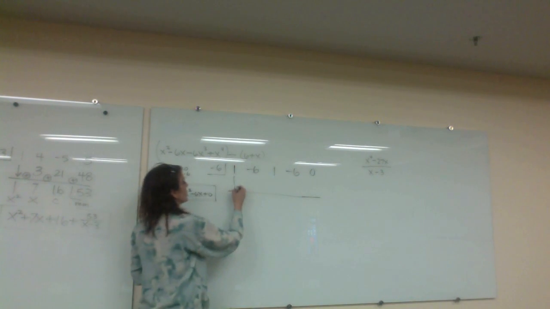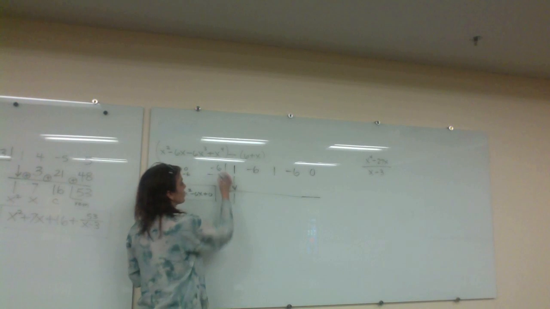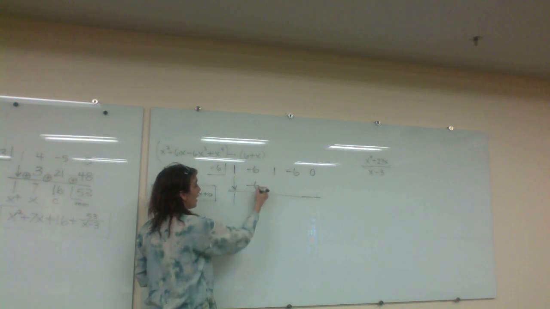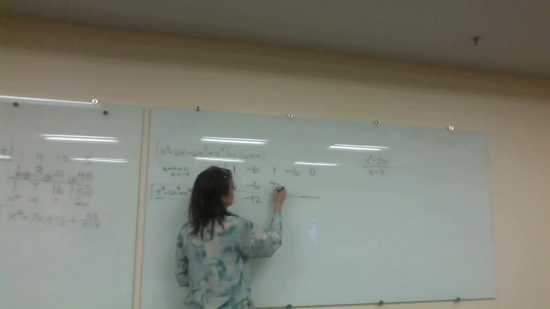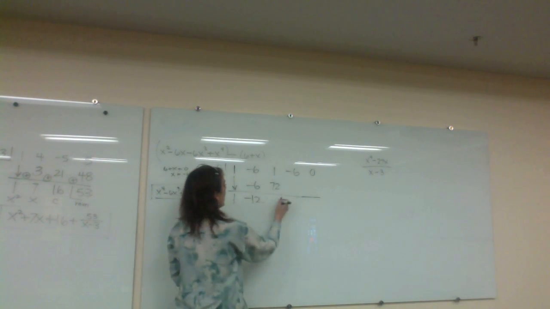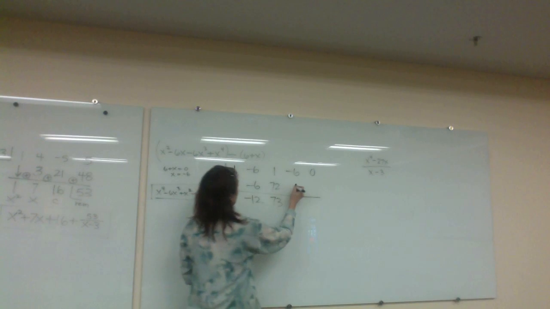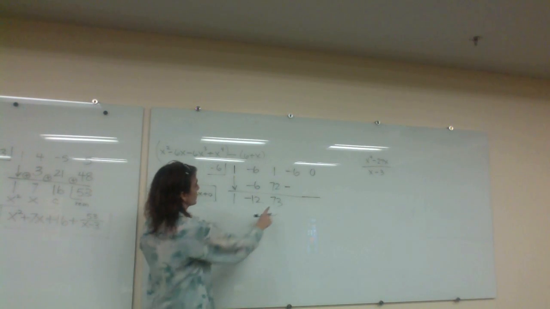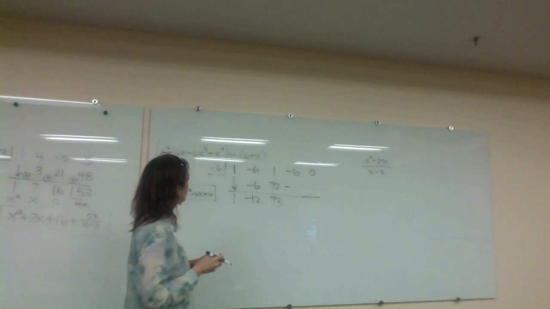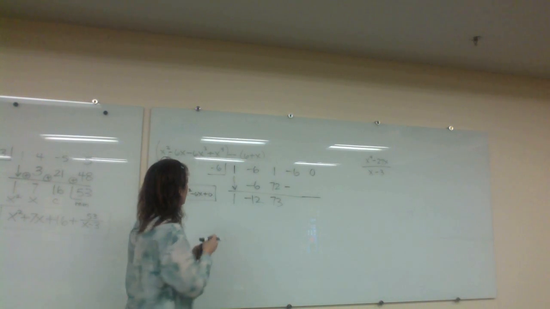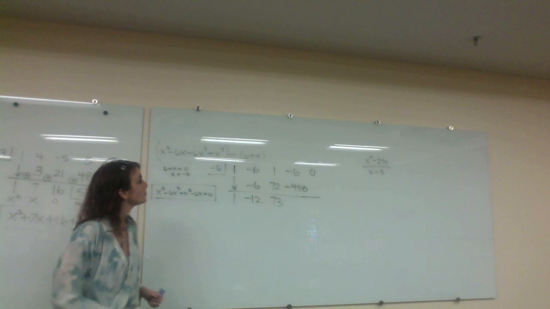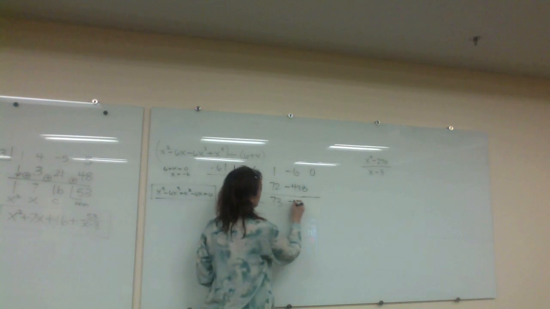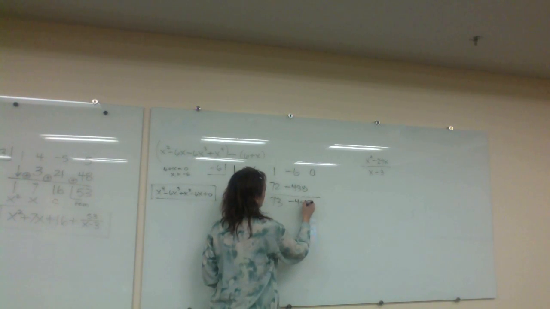Let's take this 1 down. Multiply. Add. Multiply. Oh my goodness, we're getting big numbers. Add. Multiply. Negative 6 times 73, negative 438 plus negative 6... add negative 444.